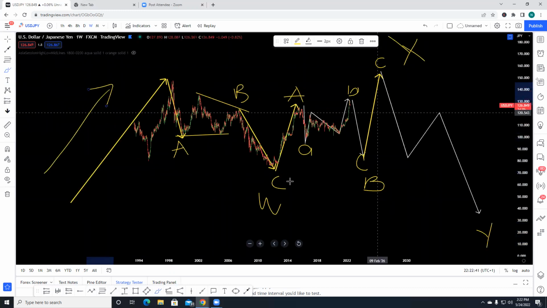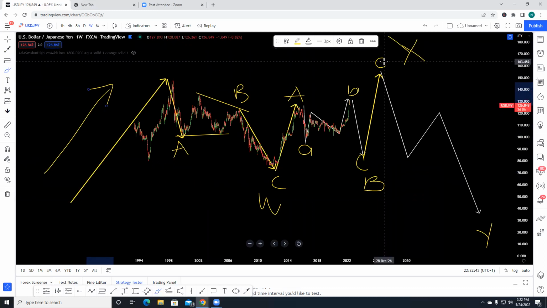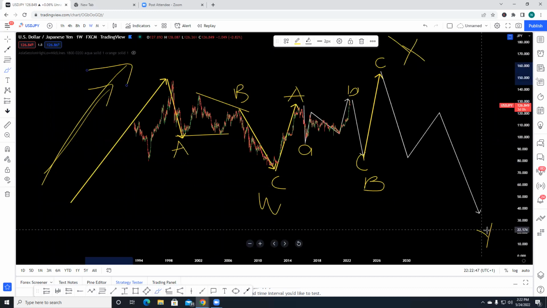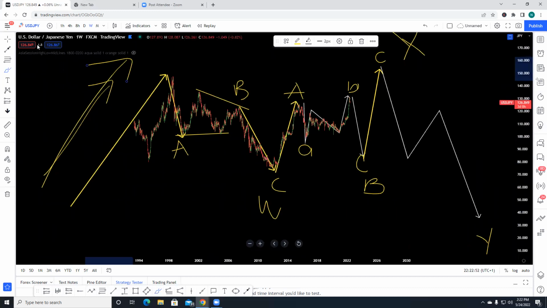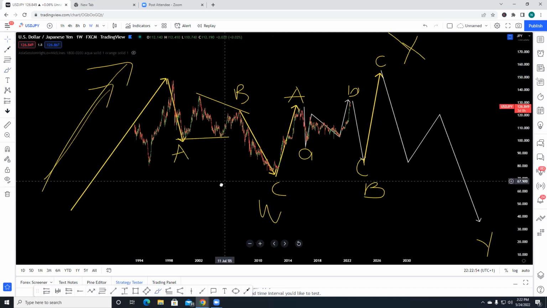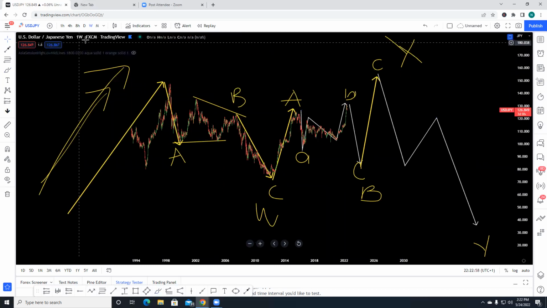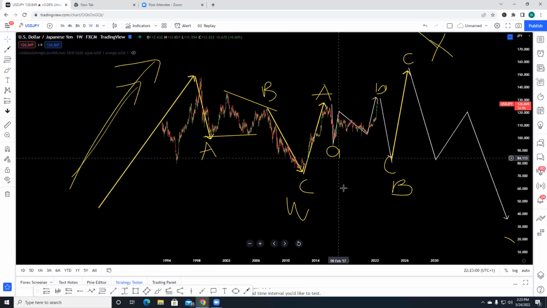This 3-wave structure is up, it's called X. And another one that opposes this flow to the upside down is Y. Since this one was W, this one will be Y. So this is the future analysis, 5 to 10 years to come analysis of USDJPY based on weekly time frame.